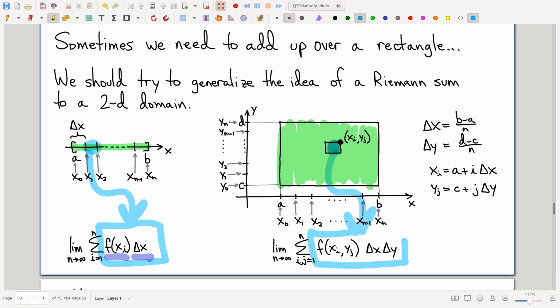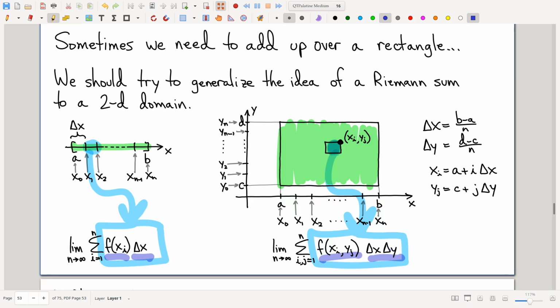We'll figure out why we would want to do such a thing later, but I'm going to want to multiply some integrand for some reason times the size of that piece, just like delta x was the size in this context, which was length. Well, in this context, it's an area, so the size is the area, which is delta x times delta y. Everybody see how that's kind of the analogous thing?